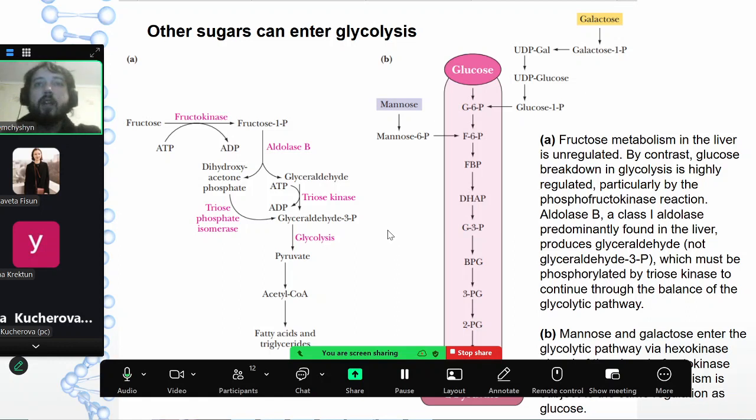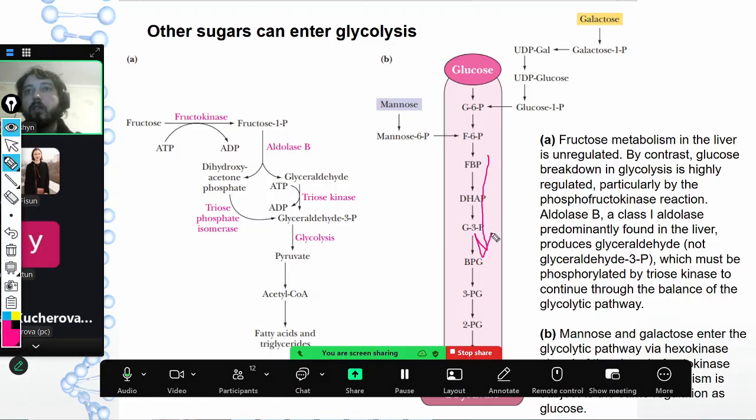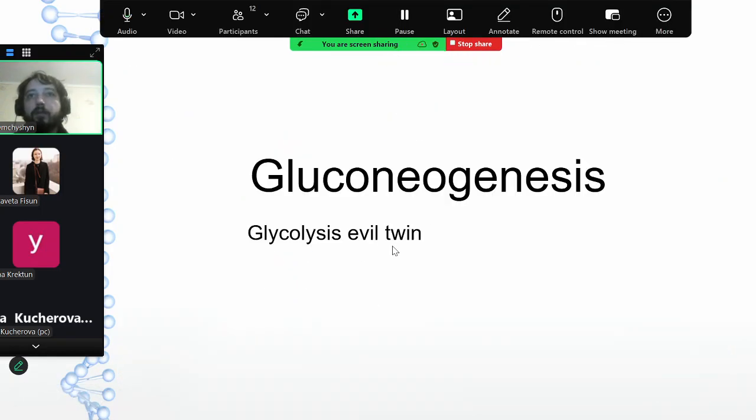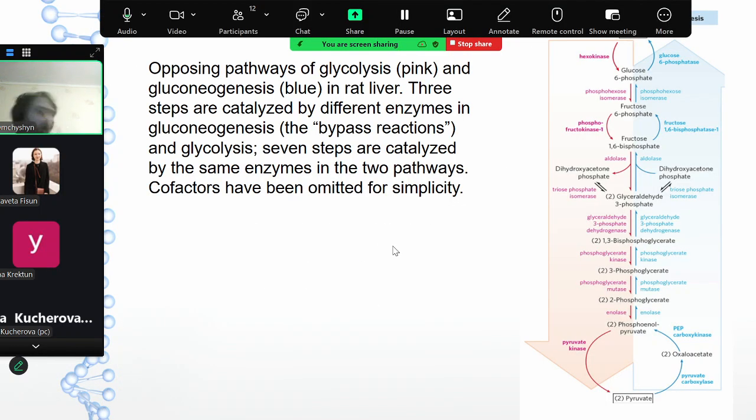And here you see how that enters the glycolysis, so through fructokinase that transforms that into fructose 1-phosphate, then aldolase B, and so on and so forth. Here you see how galactose and mannose are entering the glycolysis, so this is the glycolysis pathway and how they basically enter and what they do, so not getting into that.